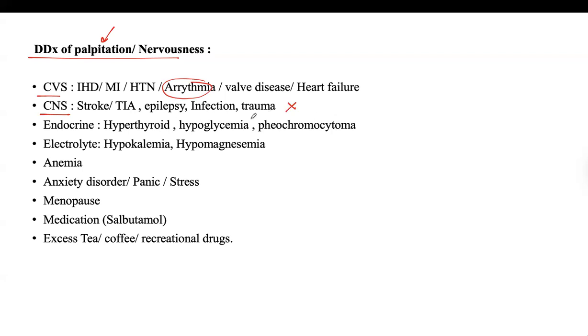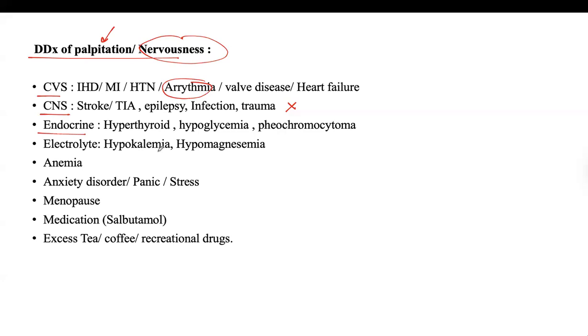They do not cause palpitation a lot, but we still keep them under this cluster because we do palpitation and nervousness together. Some patients will come to us saying, I feel very nervous these days. If we get a nervousness cluster, it is exactly the same history and same differential diagnosis that we follow. But if it is palpitation, then CNS causes are not that important. They are more important if a patient comes feeling nervous.